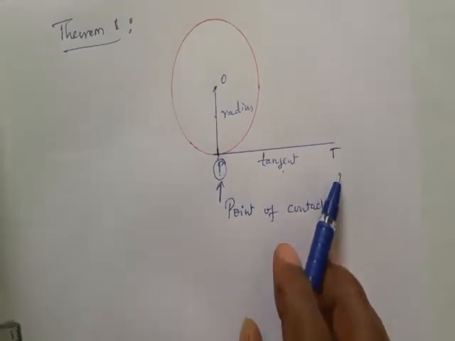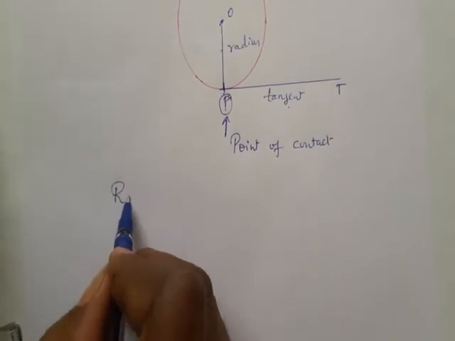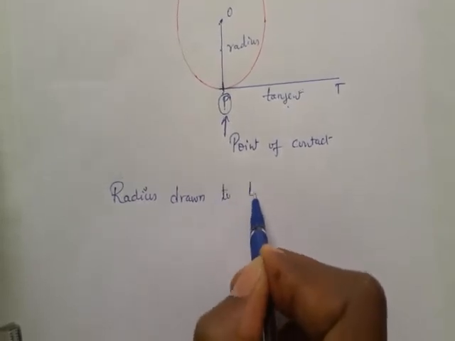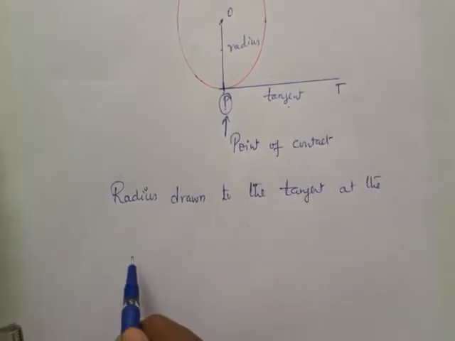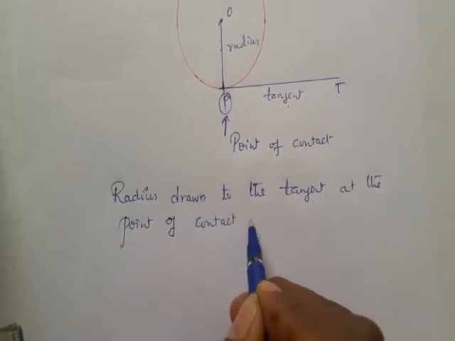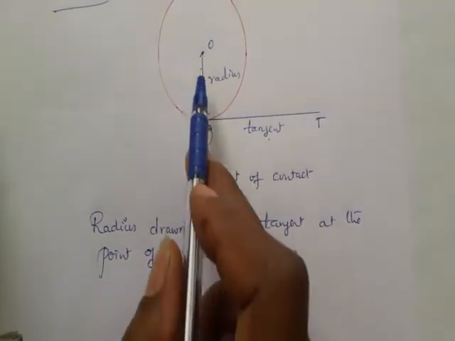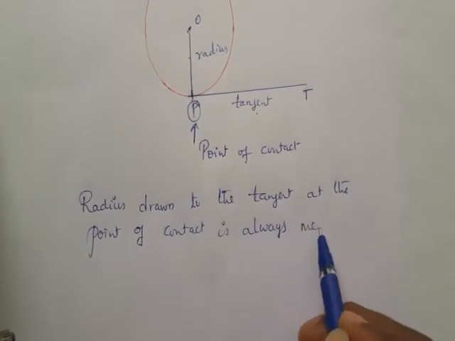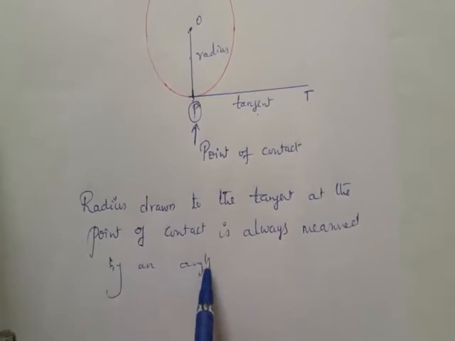Now we'll go to the conclusion of this theorem, that is: radius drawn to the tangent at the point of contact is always measured by an angle 90 degree.